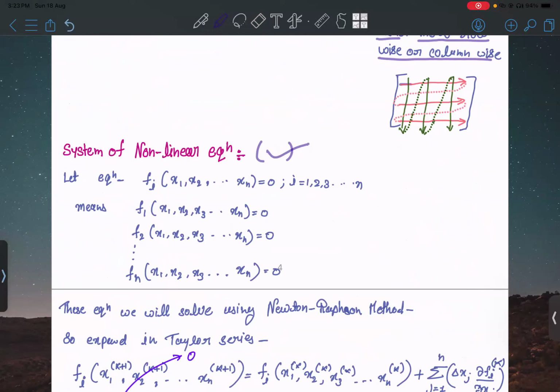So what we did in the Newton-Raphson method, whatever the function, we made some initial guess. Then we assumed that at the initial guess my function is linear. So wherever it cuts the x-axis, that was my root.